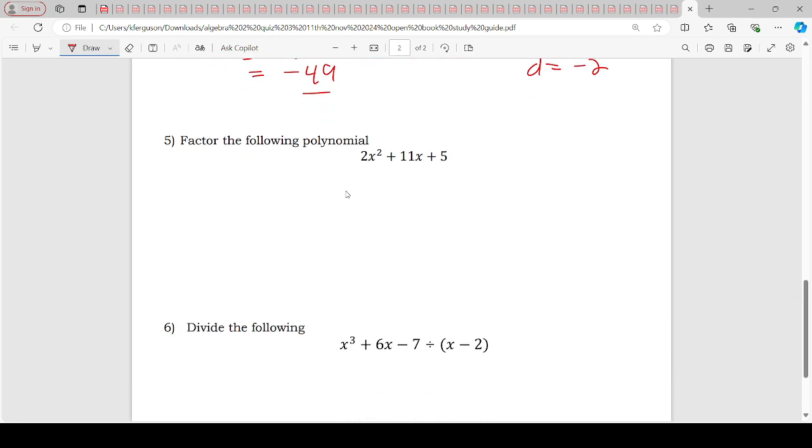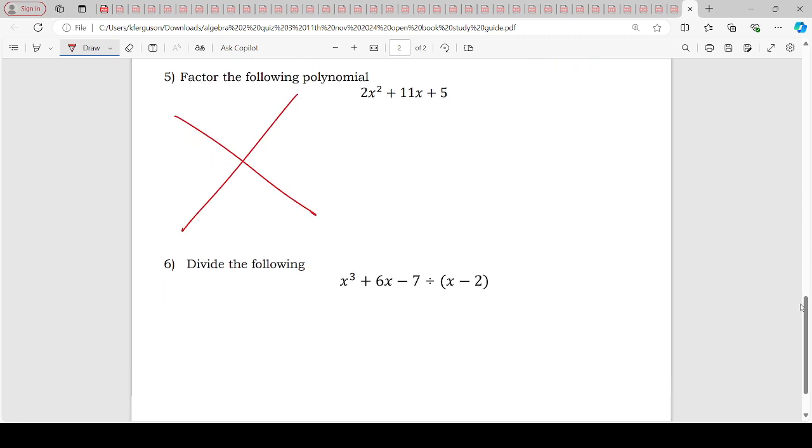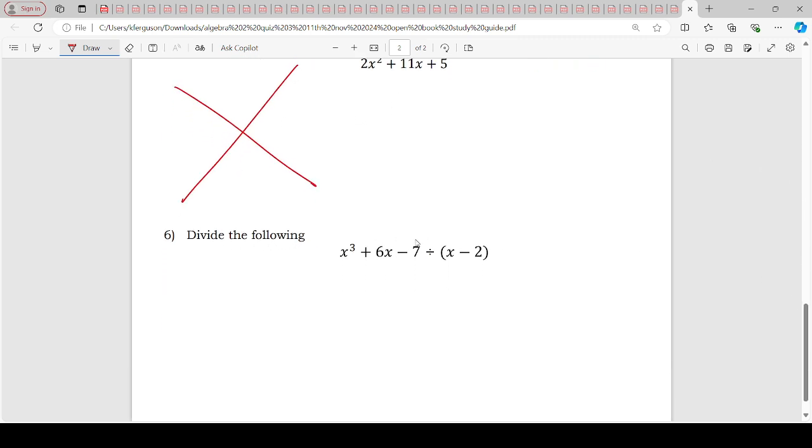Factor. X method and divide the following. What would we do here? Divide the following. Well, I'm suggesting you do synthetic. So what's my D for this problem? 2. And read out my coefficients real quick. 1, 0.